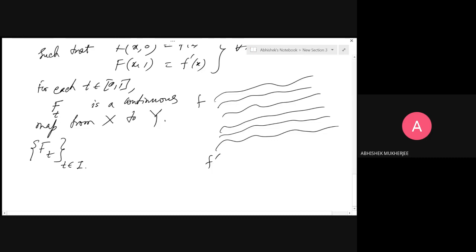So you are deforming the map f onto f dash continuously.